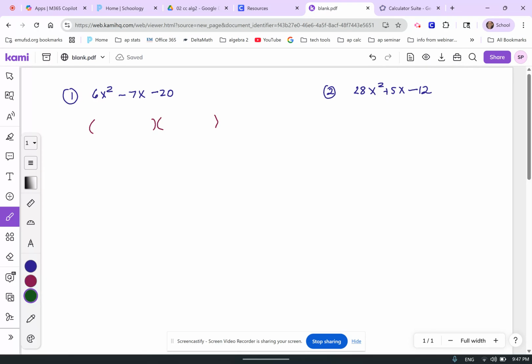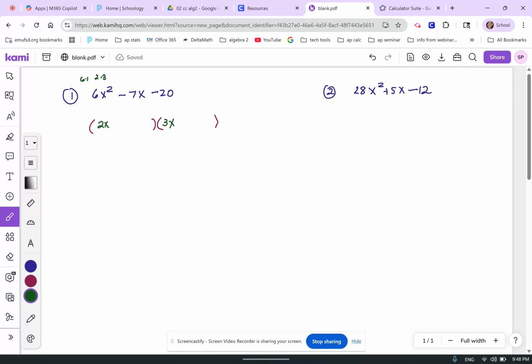We can use 6 and 1, or we can use 2 and 3. For that first term, you don't have to look at the reverse. Typically, when the number in the middle is small, I would start off with the two numbers that are closer together. So I'm going to do 2x and 3x.